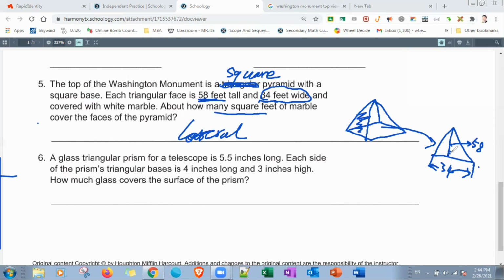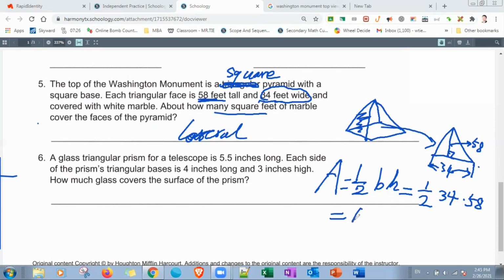Okay. So finding the triangular area, A will be equal to half base times height. Base times height, half, which is half 34 times 58. Half of 34 is 17. 17 times 58.